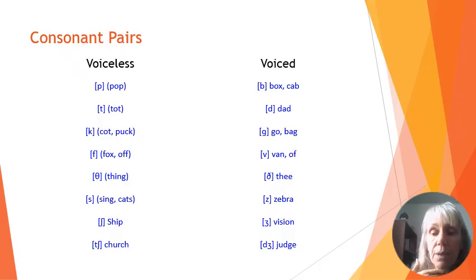You hear it at the end, puck. So I don't feel that vibration. But if I go to the g, go, I feel it. Big. At the end, I feel it. Let's look at the f, fox, off. There's no vibration.